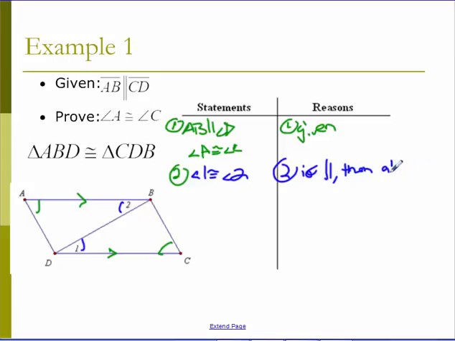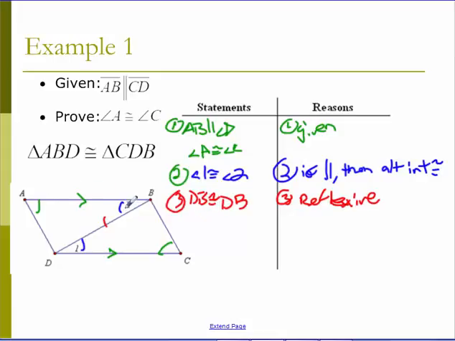Oops, spelled that wrong. Okay, so I have two pairs of angles. I need a third piece, and it has to be a side. I can't do angle, angle, angle. That's not going to work for congruency. So I need a side, and conveniently the two triangles are touching, which makes that middle side congruent to itself. DB congruent to DB. And that's because of reflexive property.